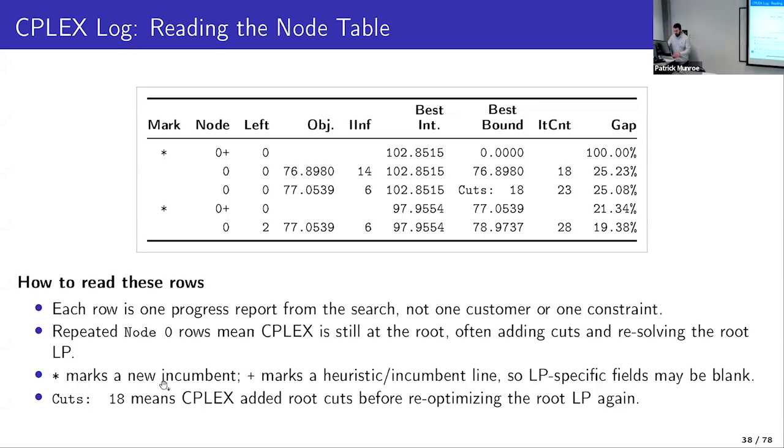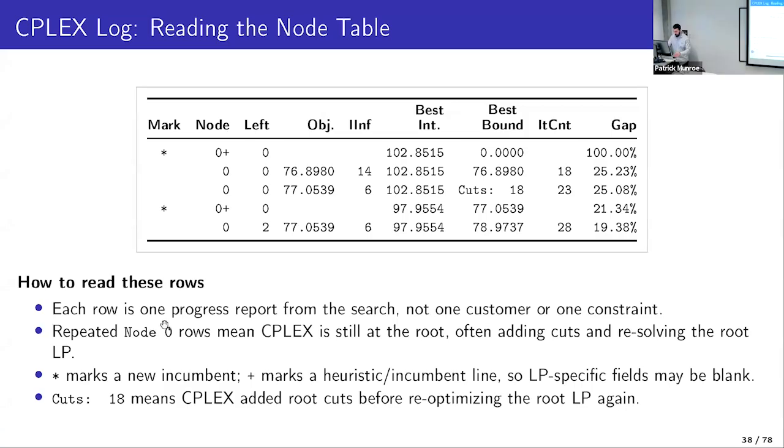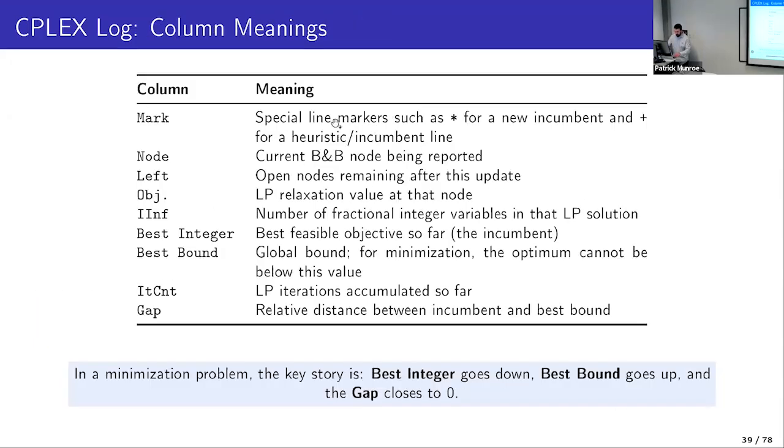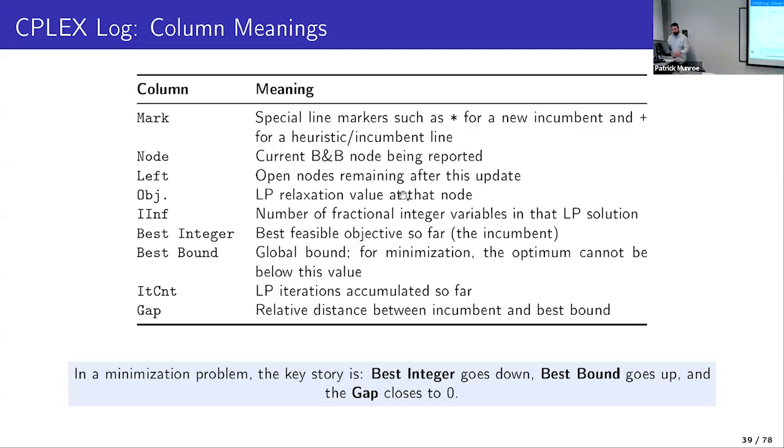Whenever you have a new incumbent, a new feasible solution, you see an asterisk or a star like here. And you have more information about what's currently happening. One important one is the objective here, which corresponds to the LP relaxation value at that node.